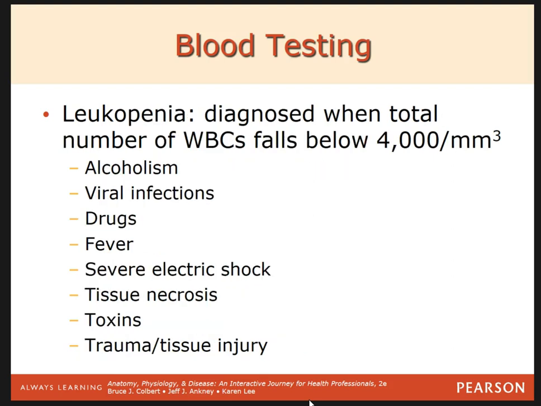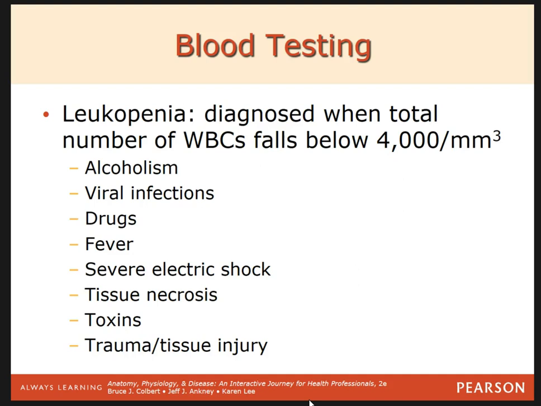Now, a deficiency has many causes. What is considered deficiency is when those white blood cell counts fall below 4,000 cells per millimeter cubed. Overuse of alcohol, viral infections, where your lymphocytes would increase, but your other white blood cells can decrease with a viral infection.